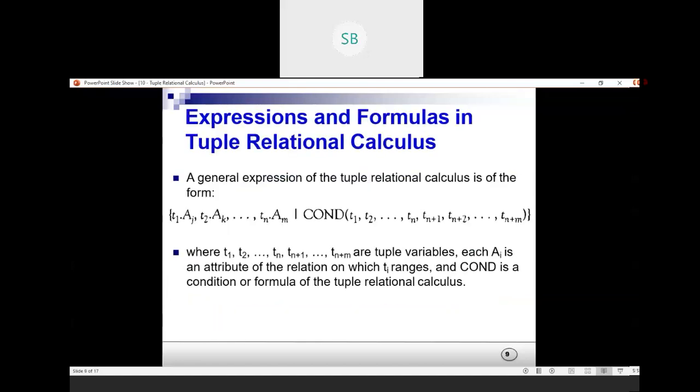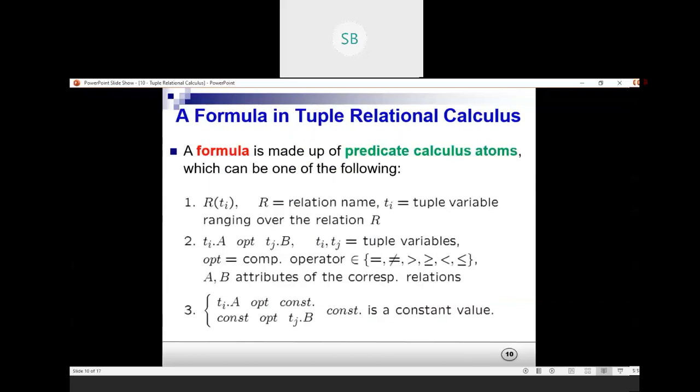We also had some formulas, just the syntax we used. These are the valid expressions: R(t), where R is the name of the relation and t is the tuple name. Then t.A, the tuple dot the attribute name, then any comparison operator, then t.B. The operators are mentioned here. We can also compare with a constant value, maybe 5, 6, 7, whatever.